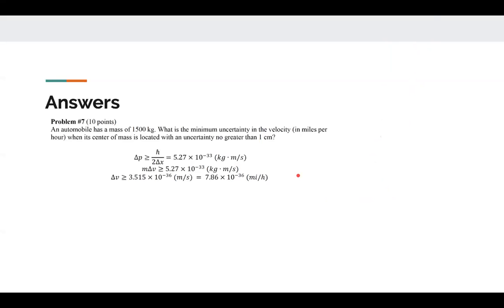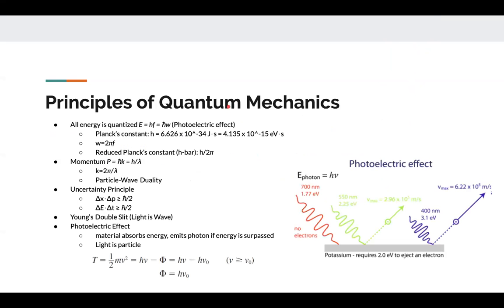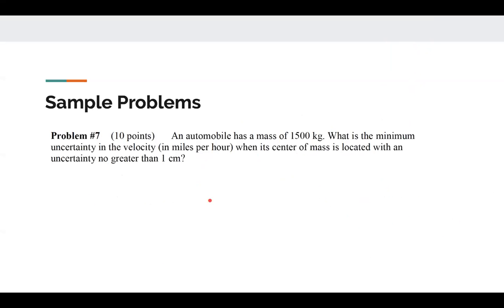Oh, so why is it 2 times delta x? If you remember from the uncertainty principle, you have delta x times delta p greater than or equal to h bar over 2.